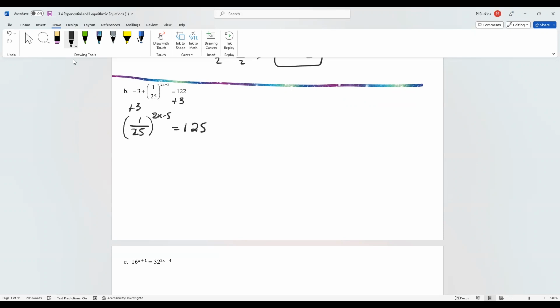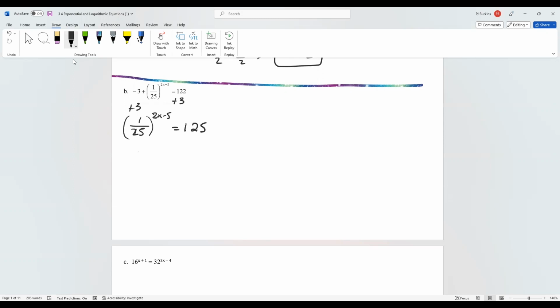So this one, it looks like we might have to adjust more than one thing. We shall see. We all should know that 25 is the same thing as 5 squared, and 5 to the third power is actually 125. So rather than trying to get everything to be 25 to a power, I need to rewrite this as powers of 5.